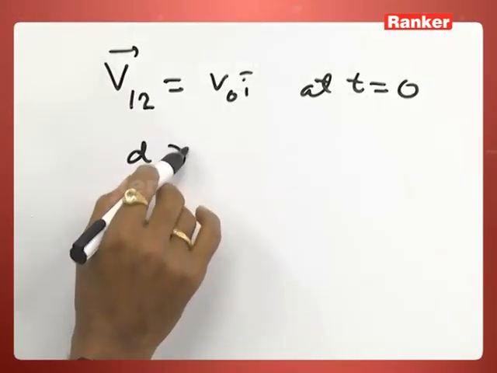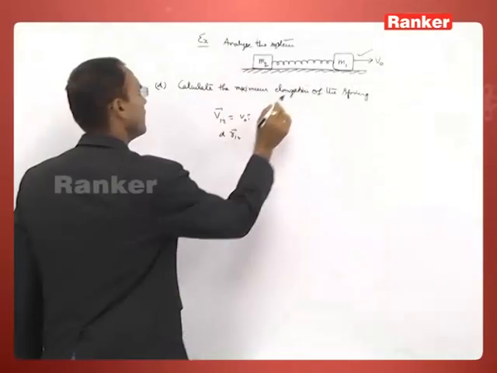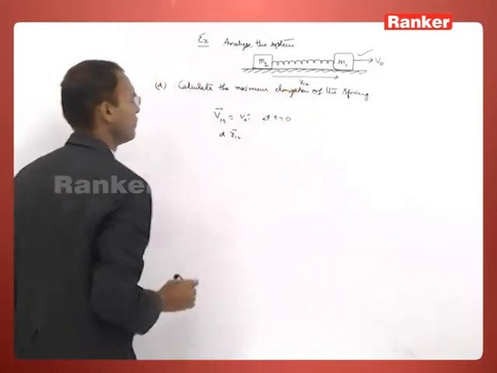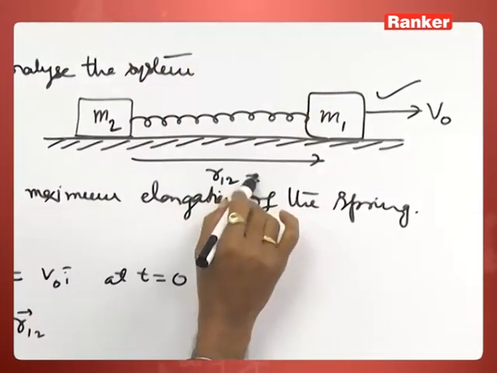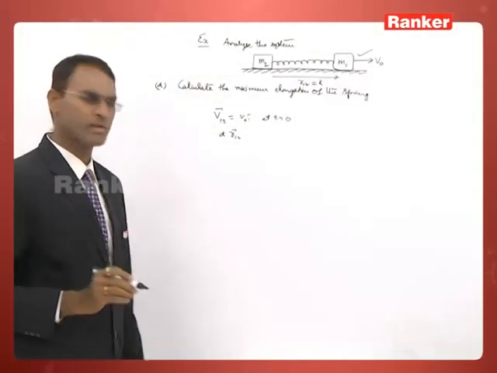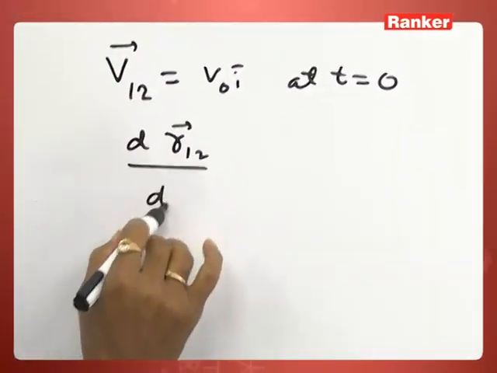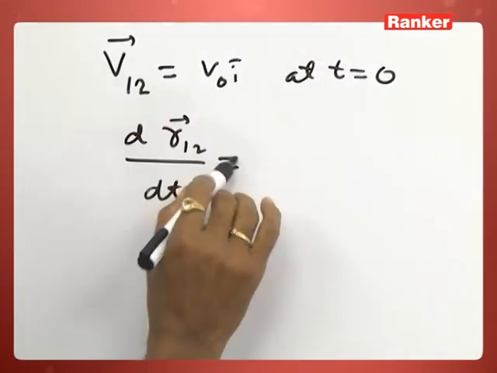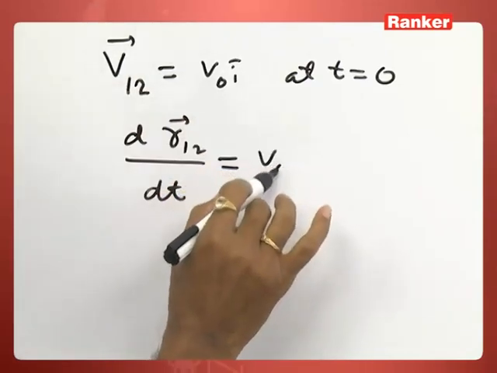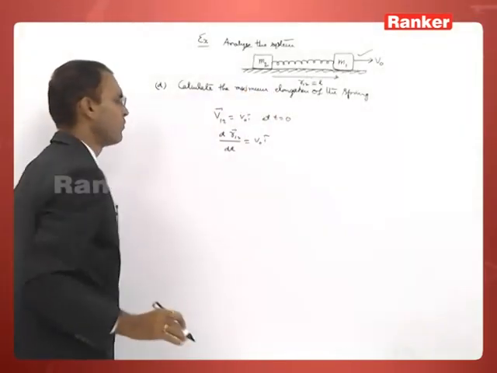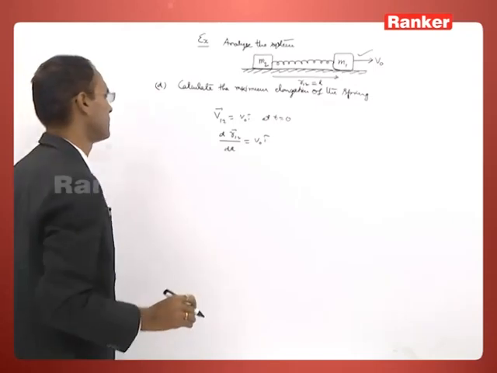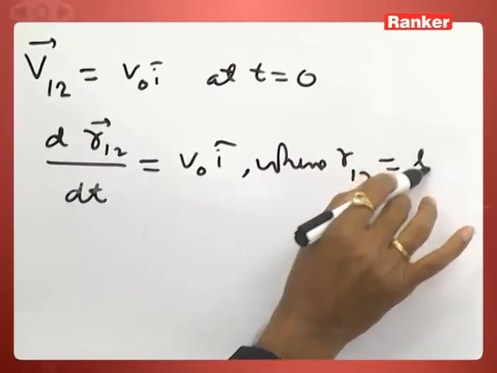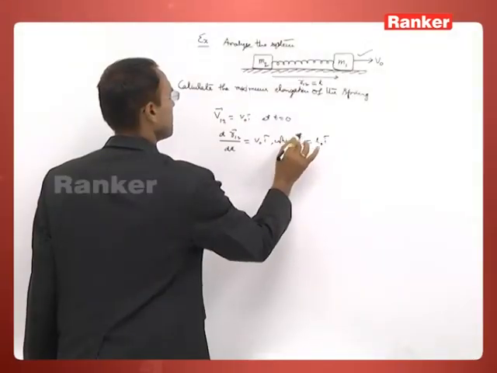the rate of change of the position vector of 1 with respect to 2, that is none other than the length of the spring, will change at a rate which is equal to v naught, where R12 is equal to L naught i cap initially.